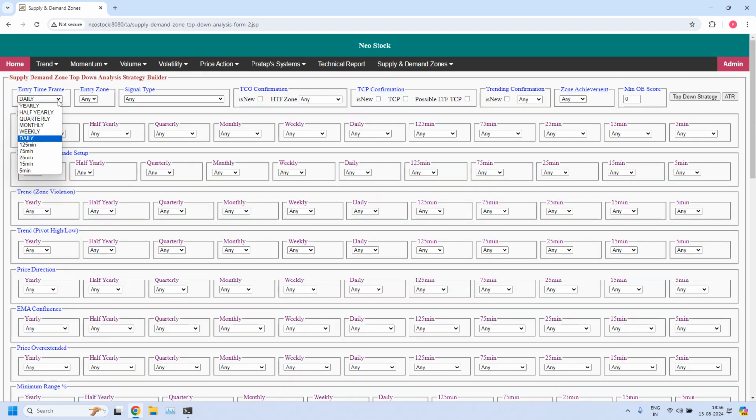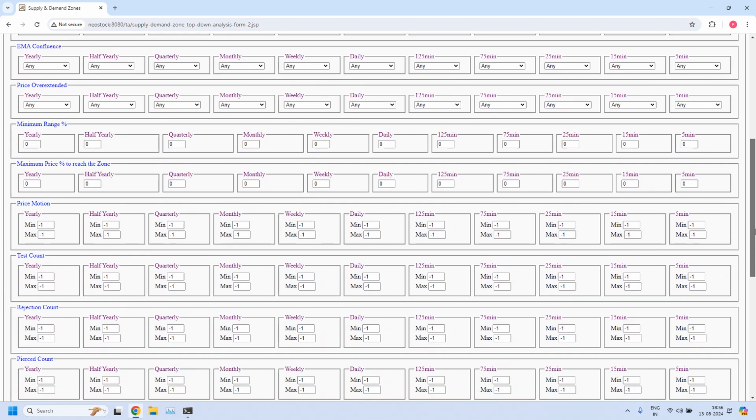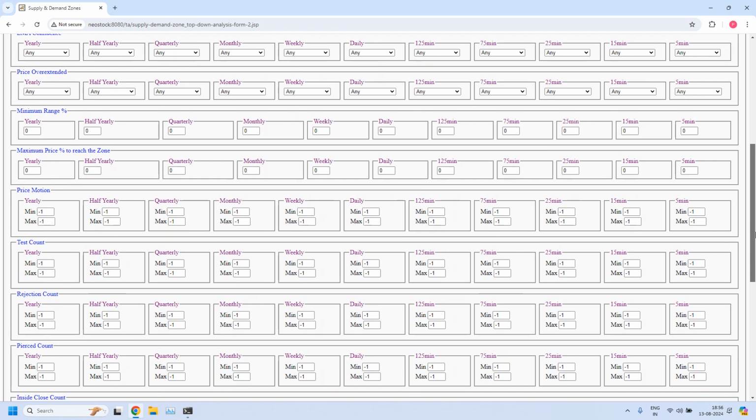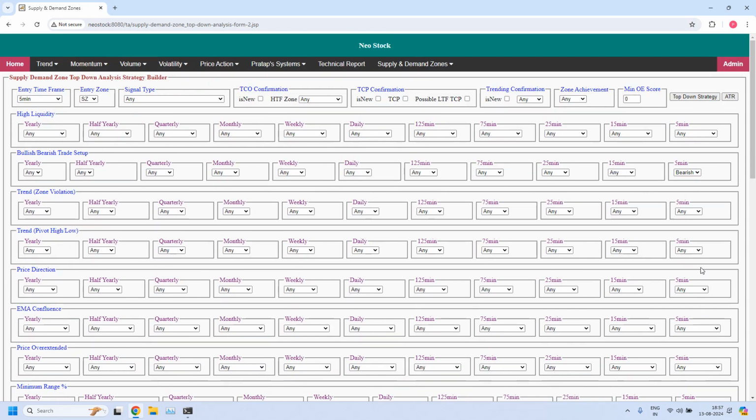So this is about bullish trade setup for hourly income trade, and in the next report, a bearish trade setup for hourly income trade, that is entry time frame is 5 minutes, entry zone should be supply zone, and also in bullish or bearish trade setup 5 minutes, selecting the value bearish, and pierced count, that means 5 minutes supply zone should not be pierced. So 5 minutes pierced count we are setting 0, minimum value 0, maximum value 0.